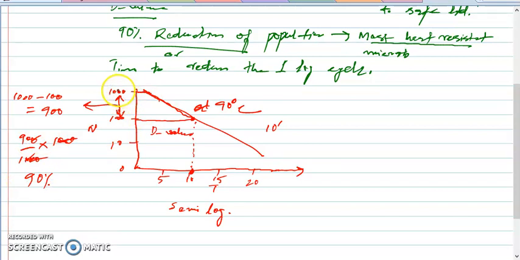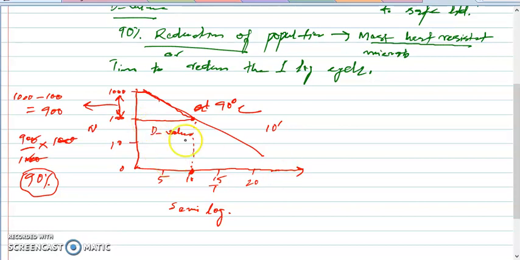This decrease from 1000 to 100 is one log decrease, and also we can say it is a 90% decrease. So D value is 90% reduction of microbial population at constant temperature.